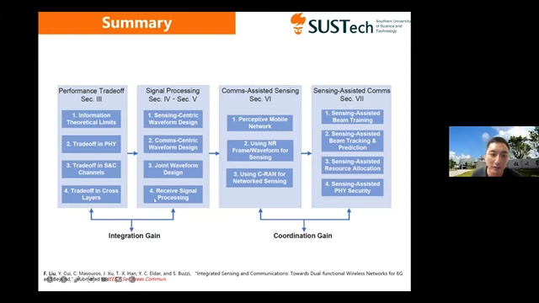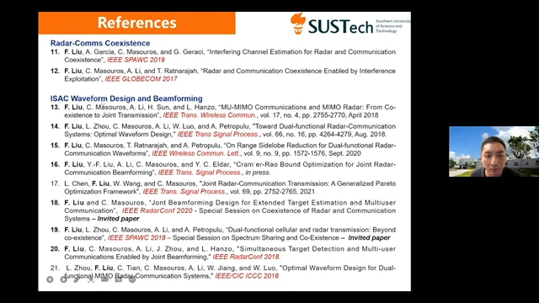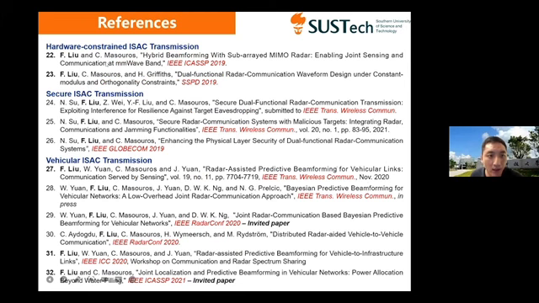Okay, so remember we have two gains: integration gain and coordination gain in ISAC. And here are some of our works on ISAC. We have several overviews. We have radar and communication spectral coexistence and ISAC waveform design, beamforming, hardware-constrained secure design, and of course, vehicular ISAC transmission.